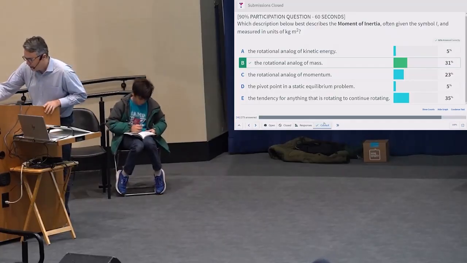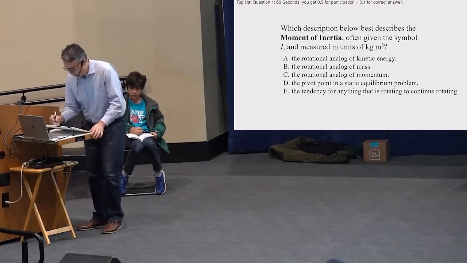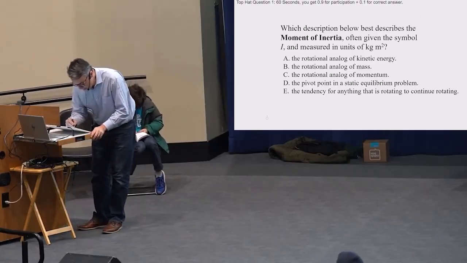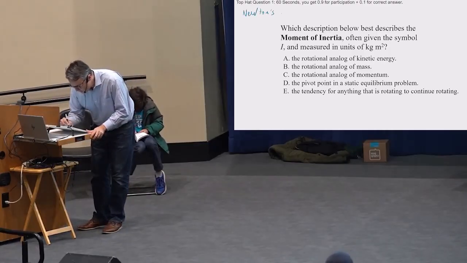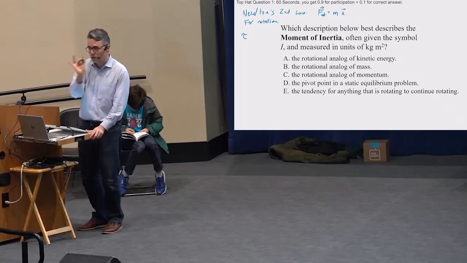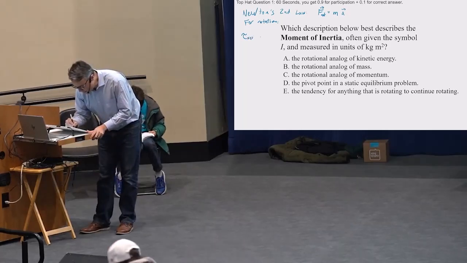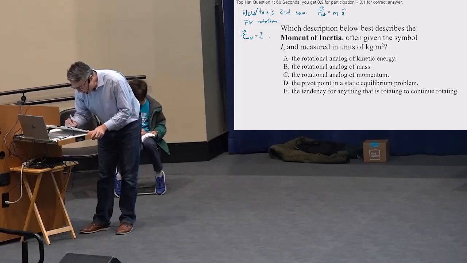So basic idea is that when we had that whole analogy chart, I had Newton's second law, which was that F equals the mass times the acceleration. And then for rotation, the net force is the mass times the acceleration if things are moving in a line, and the net torque, if you're trying to spin something, is equal to I times alpha.